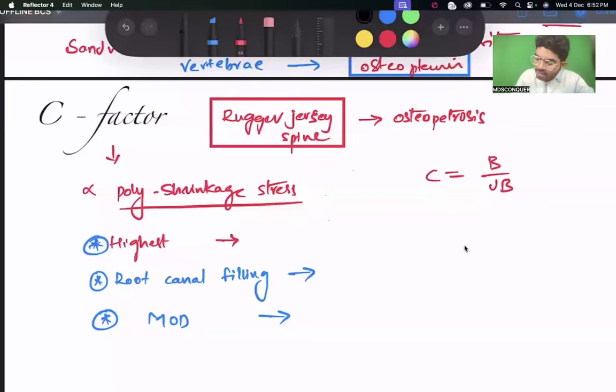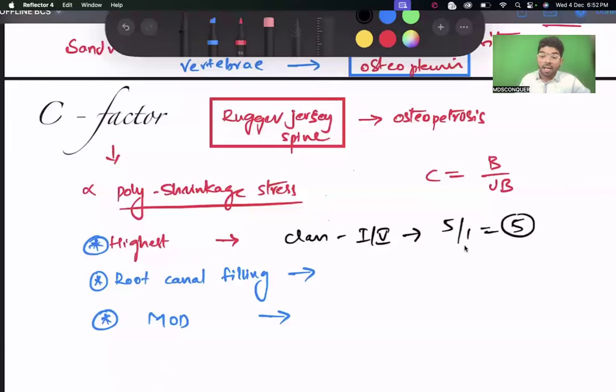How many bonded surfaces will be there? 5 bonded surfaces. How many unbonded surfaces? The surface which is exposed outside is unbonded. So the C factor for class 1 and class 5 is 5. If both are there in the options and you need to choose only one as highest, 1 or 5, then your answer is 1.